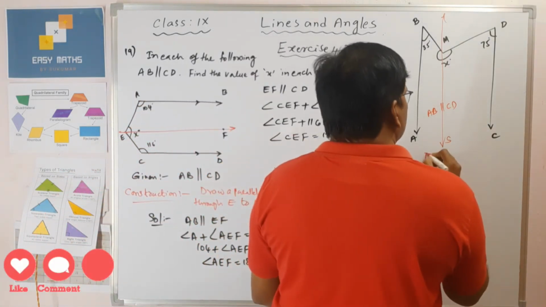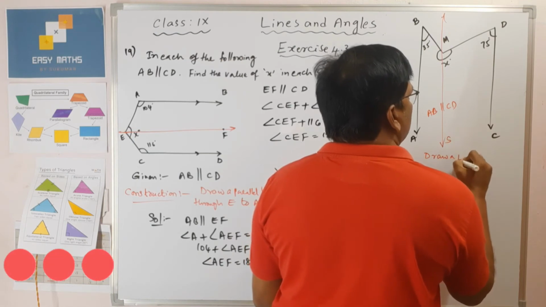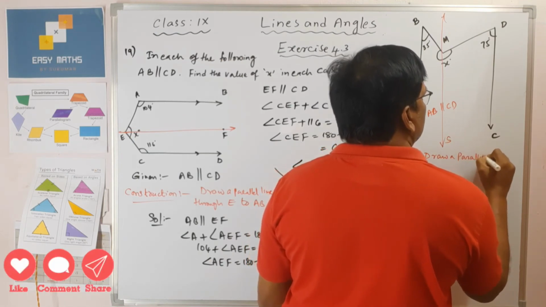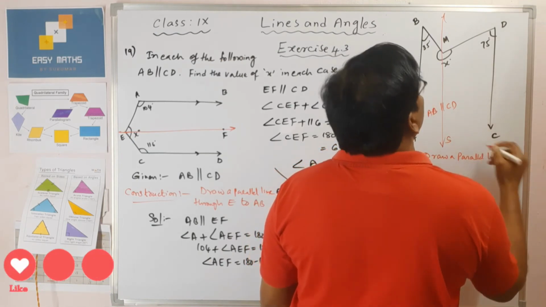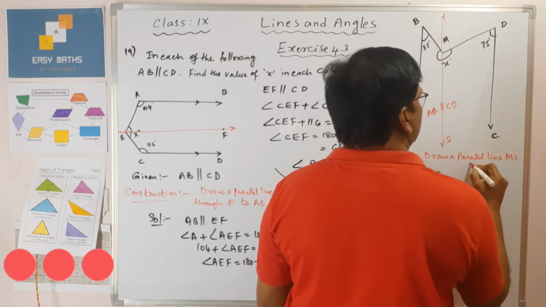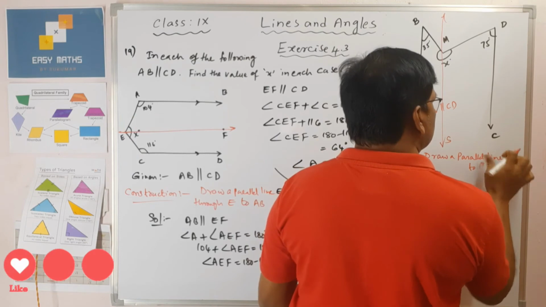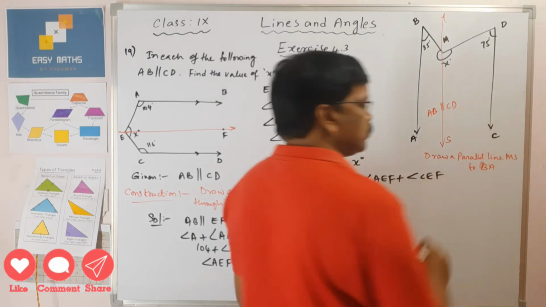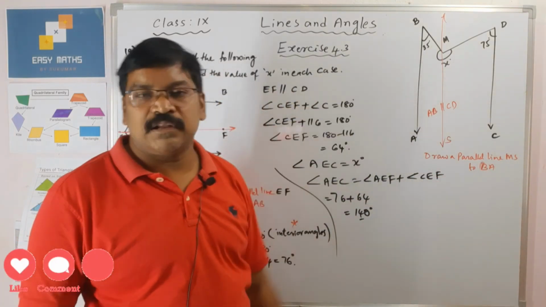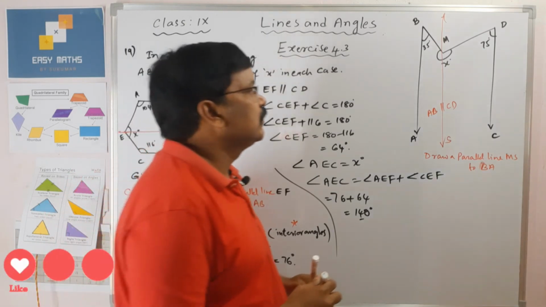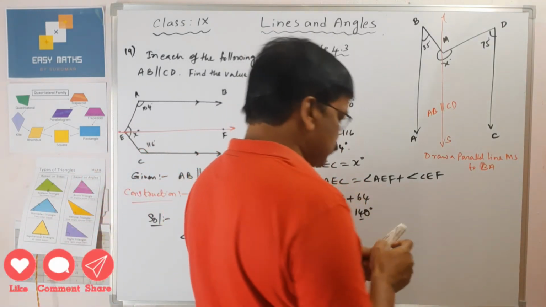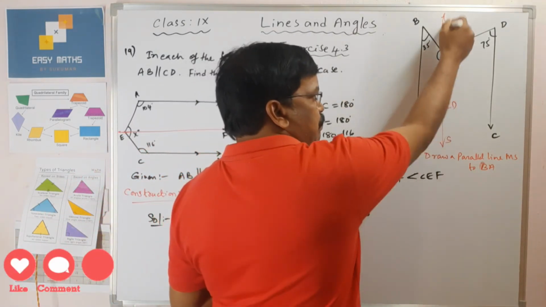Here the construction is to draw a parallel line MS to BA. Now, my dear students, if you observe, these two lines are parallel.